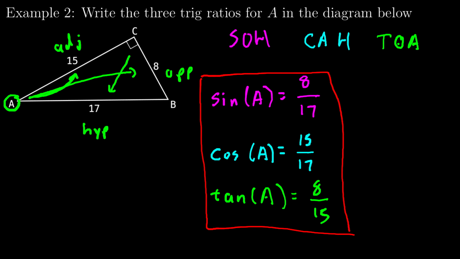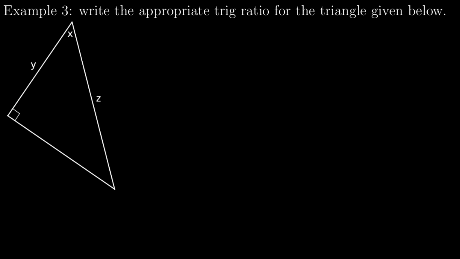Okay, one more problem. Again, if you need to see more practice problems like this, there's a video in the description down below where I do that. All right, in here, I want to write the appropriate trig ratio, and this is much closer to what we're actually going to be doing. So, the first thing I'm going to do is label my sides. Across from the right angle, this is the hypotenuse.